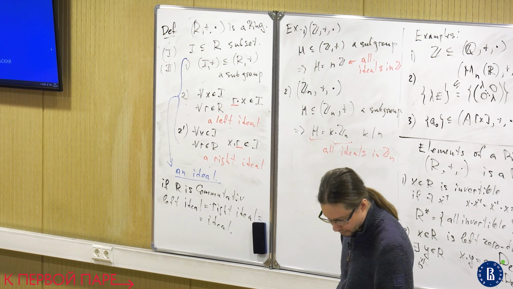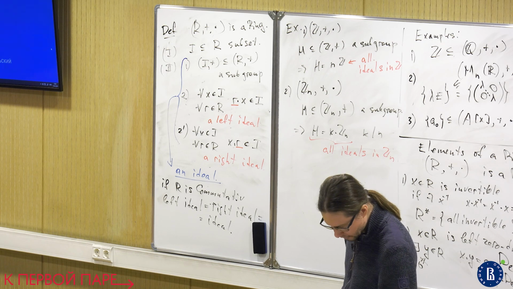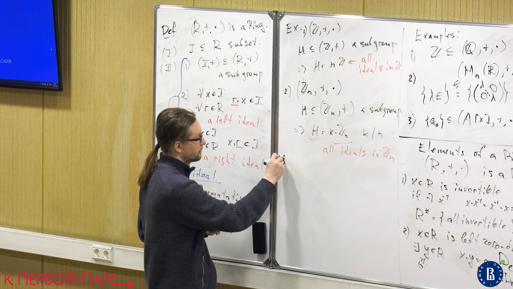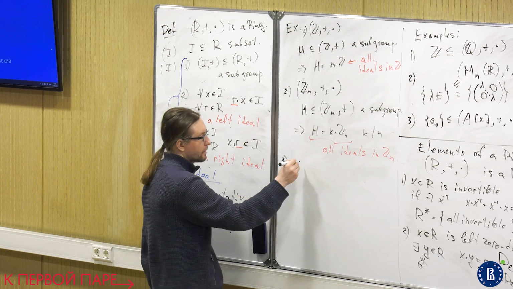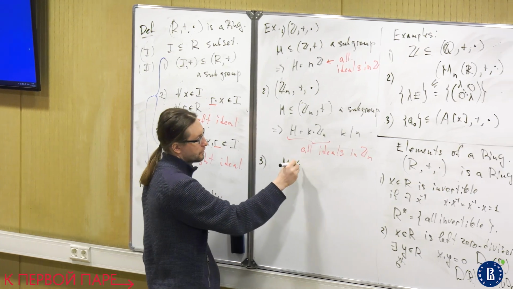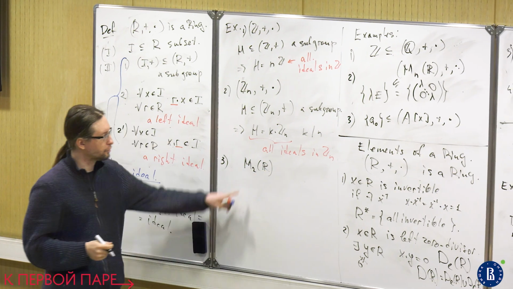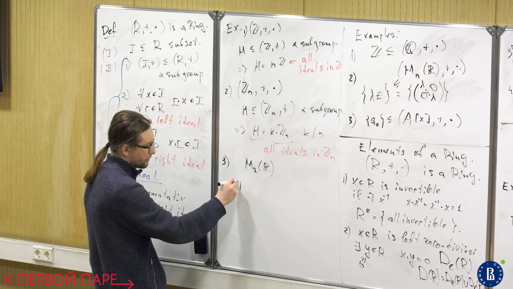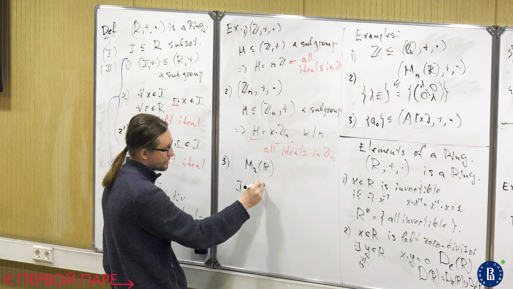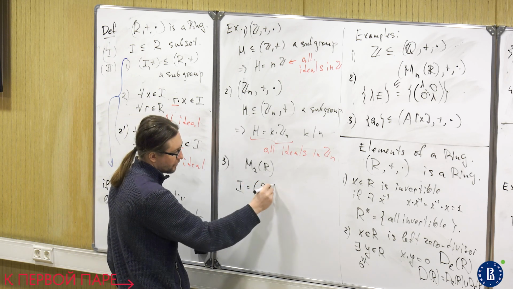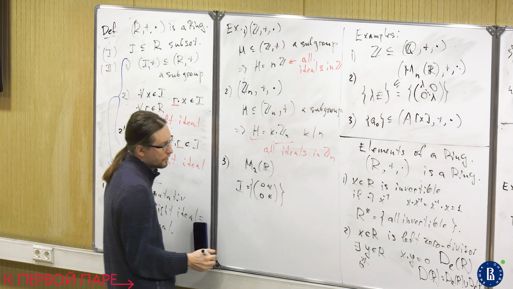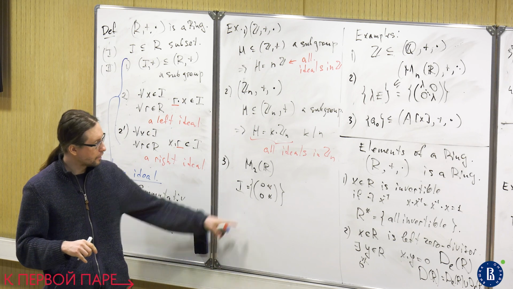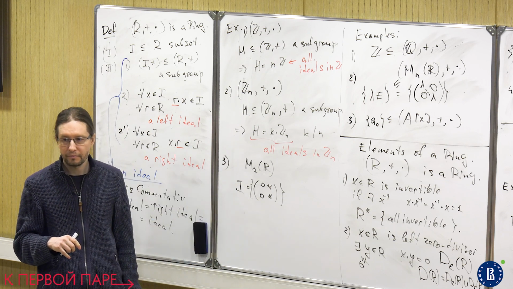Let me give you an example of a left and right ideal, just for completeness. Let's take 2 by 2 matrices with real coefficients. Now, we may take the set of matrices with the first column 0. The second column consists of arbitrary reals, and the first column must be 0.